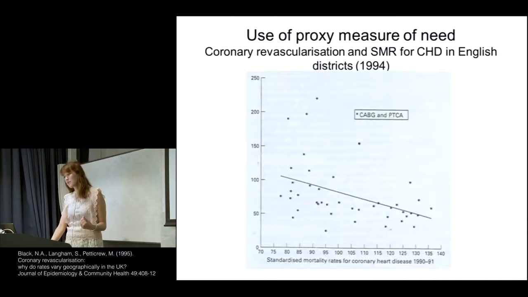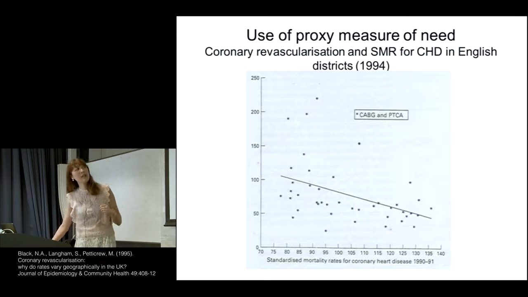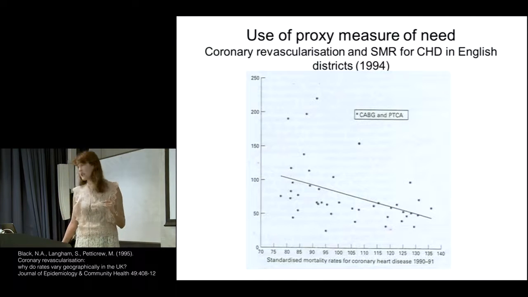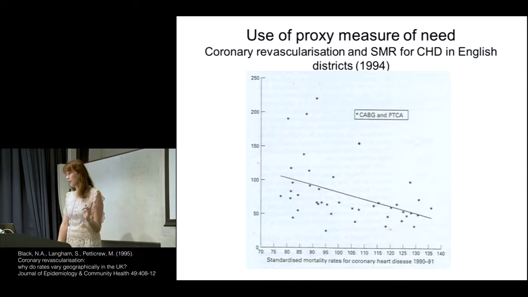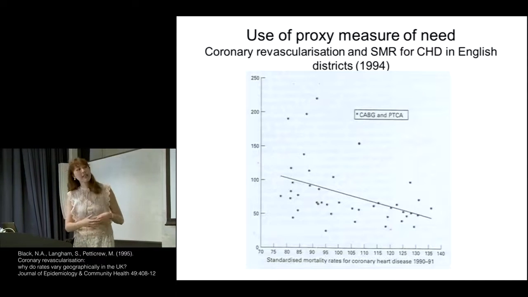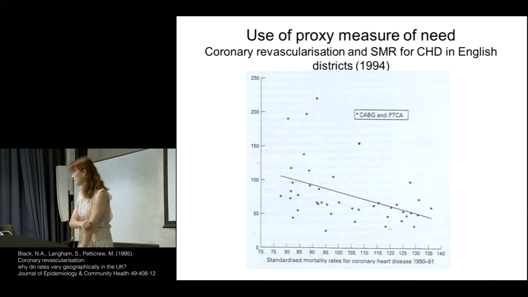So this is the use-need ratio. Now this is interesting, understanding a proxy measure of need. Because we don't know the true need for coronary revascularization and the true need of coronary heart disease, this is a study done from my school at LSHTM some time ago.